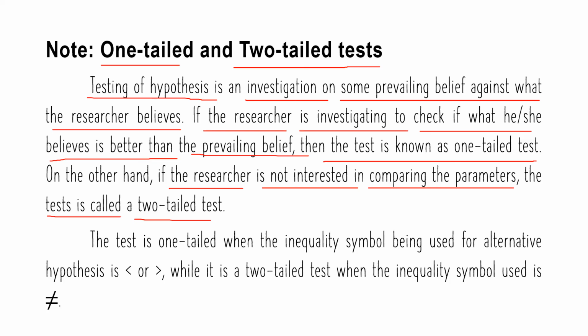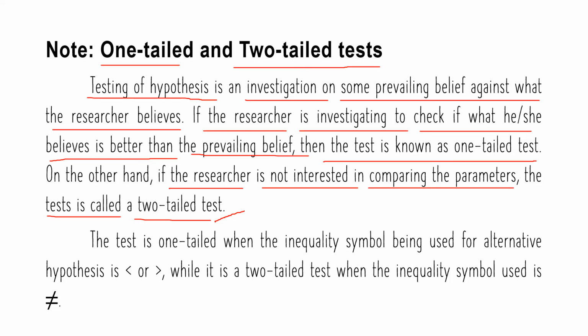So these are things that we need to consider. If we really want to compare the parameters, then we should deal with a one-tailed test. If we're not interested in comparing the parameters, then we should go to a two-tailed test. So that's how we decide whether we use a one-tailed or two-tailed test.